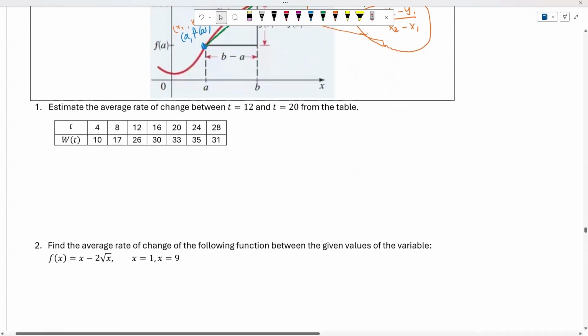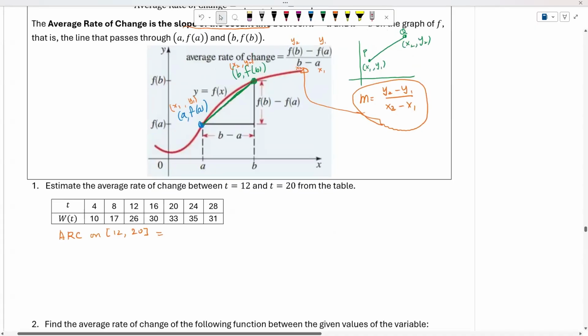Then now, let us look at our first example. How do we find the average rate of change from a table now? Okay. So I would like to find the average rate of change on the interval 12 to 20. So how do we actually set it up? Follow this.